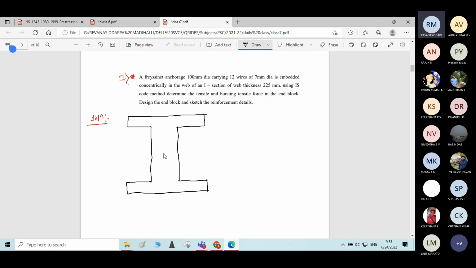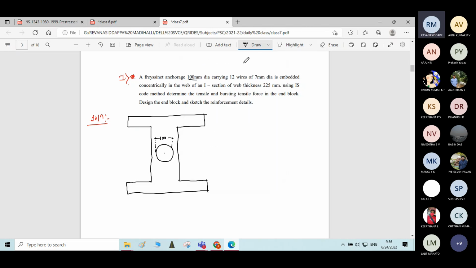So it is a Freyssinet cable having a dia of 100, carrying 12 wires of 7 diameter.